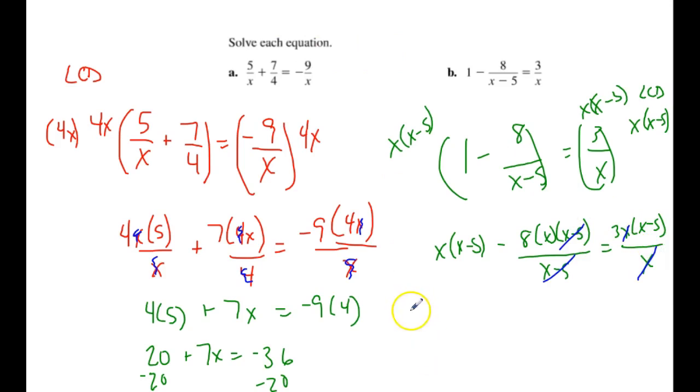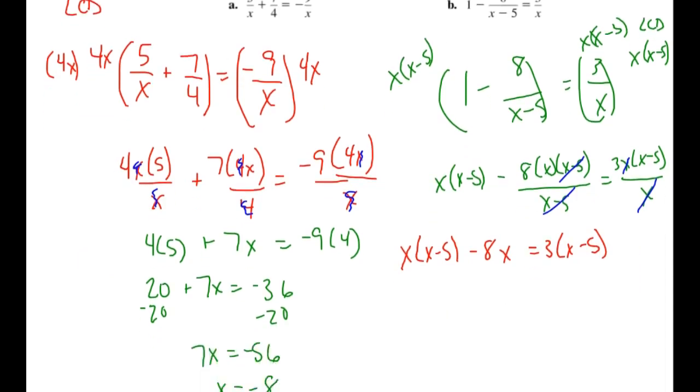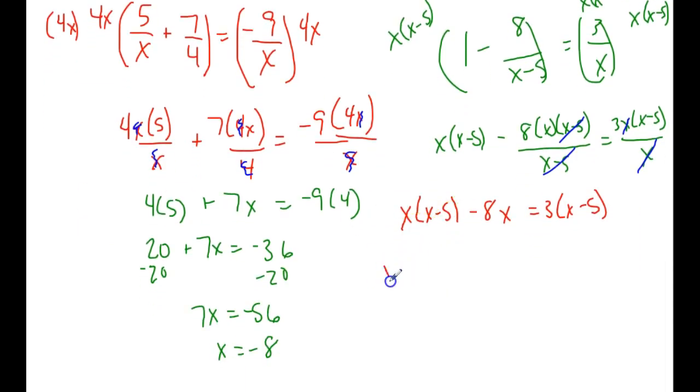So now I'm left with x times x minus 5 minus 8x equals 3 times x minus 5. Now that I've gotten rid of my denominator and any weird other terms, I can go ahead and distribute. So x squared minus 5x minus 8x equals 3x minus 15.